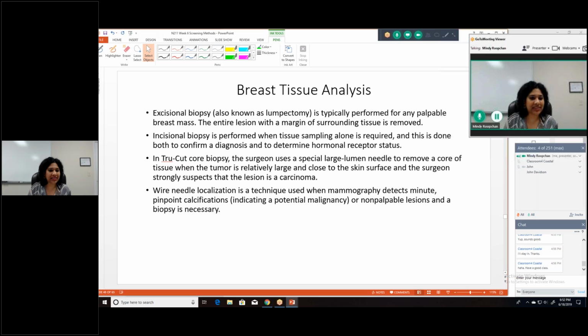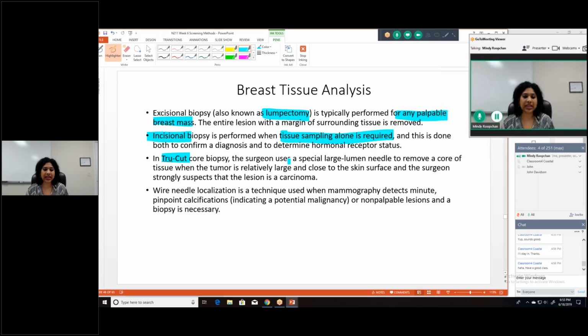Okay. Excisional, known as a lumpectomy, is typically performed for any palpable breast mass. The entire lesion within a margin of tissue surrounding it is also removed. Incisional is when tissue sampling alone is required to confirm a diagnosis and determine hormonal receptor status.